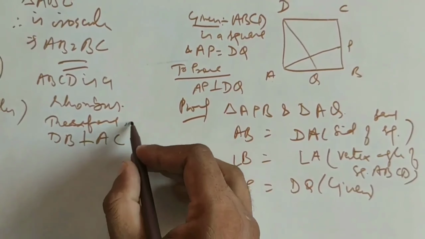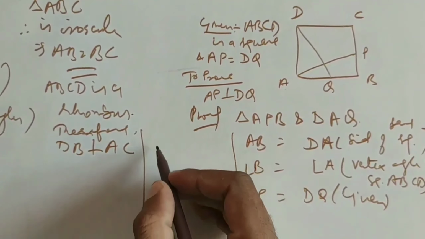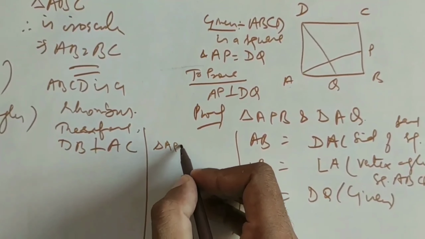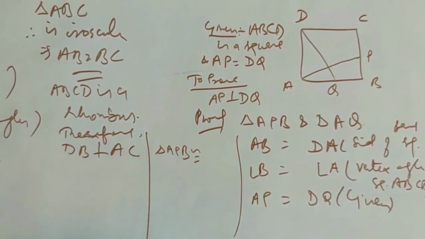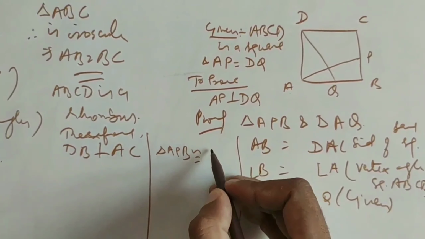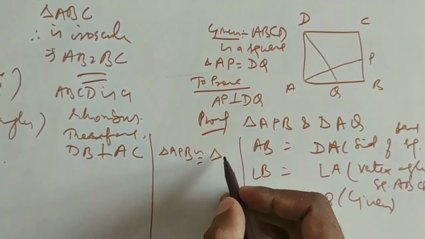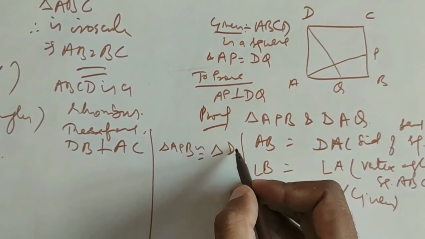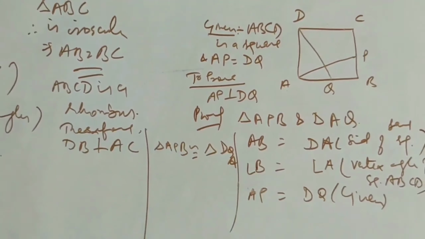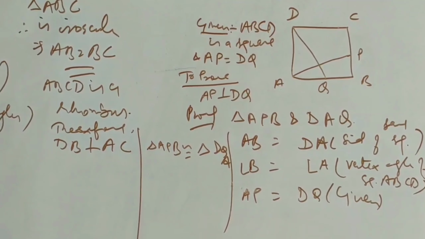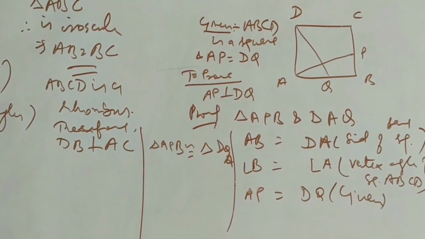So therefore we can see that triangle APB is congruent to triangle DQA. So these two triangles are congruent, APB and DQA.